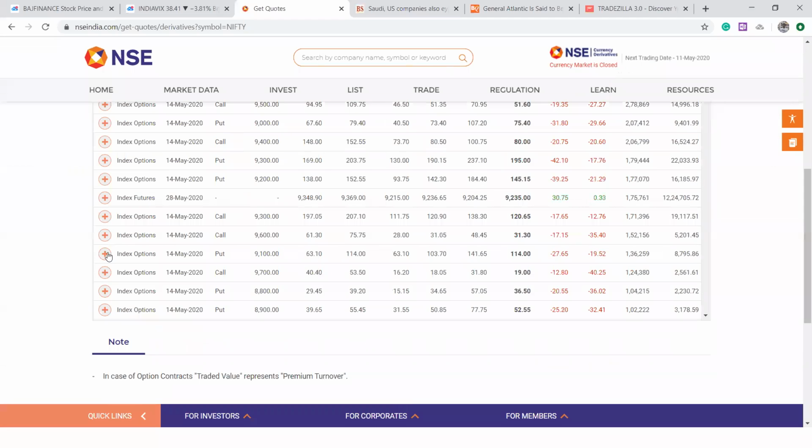So index futures, let me pull up index futures here. I guess there was a mild addition. Nifty ended 30 points higher on that particular day. But if you look at the open interest, oops, it's not getting loaded.